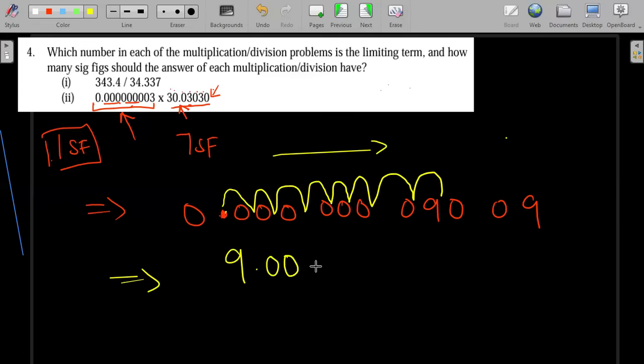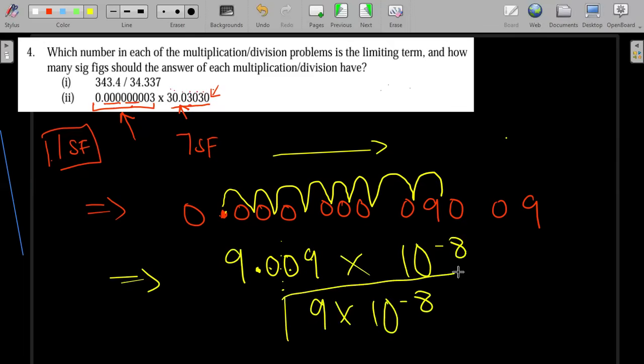So the number I'll get now is 9.009 multiplied by 10 to the power minus 8. But as you can see, this number has 4 significant figures. So what are we going to do? We're going to round off from there. What you're going to get will just be 9 times 10 to the power minus 8.